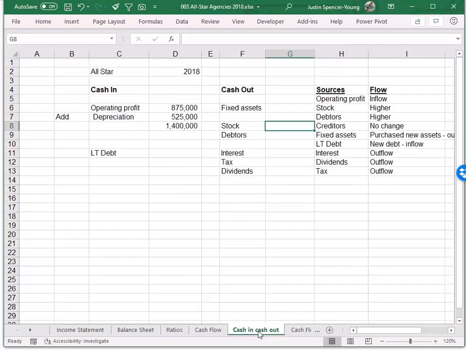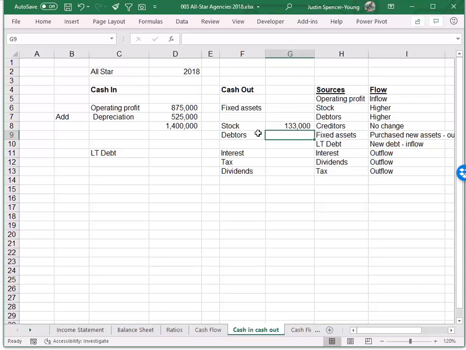Now in my cash flow, cash in and out here, I don't want to show positive and negative signs, not for now, because this heading says everything in here is going to be a cash out. So I want to put a number in there that is that number, 133,000, to represent the stock has gone up, therefore the cash has gone out.